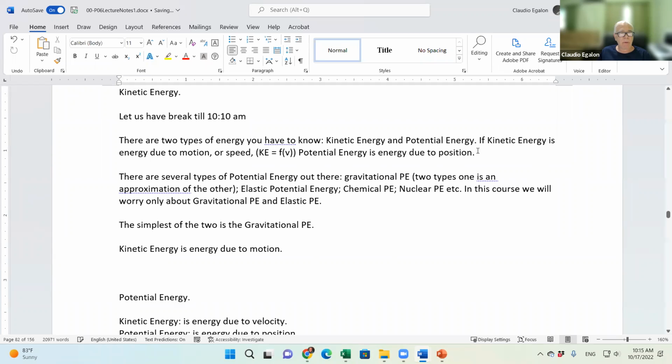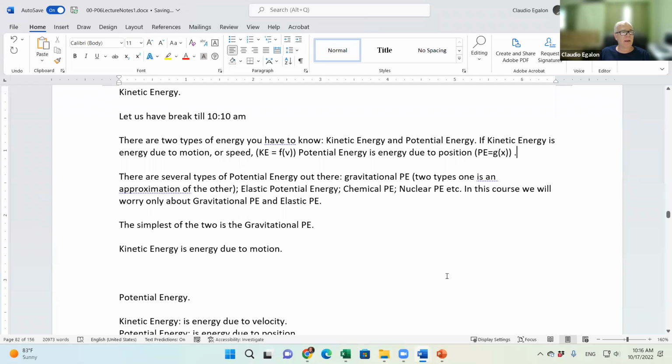In the case of the potential energy, we say that the potential energy is a function of the position x of the particle. If you're talking about three-dimensional motion, then it will be x, y, and z, but let's keep it simple: a function of x only.